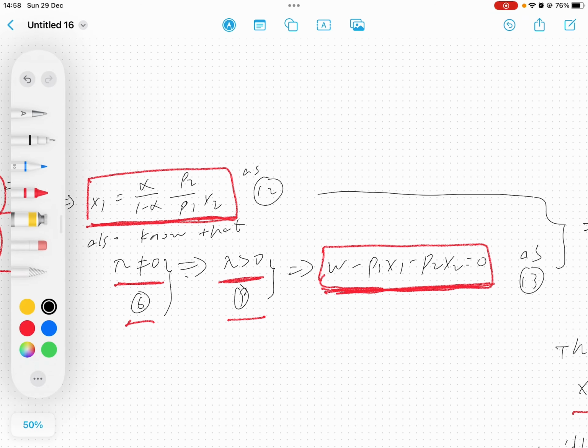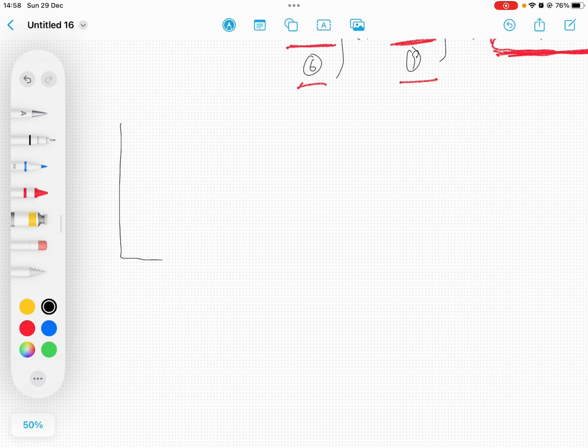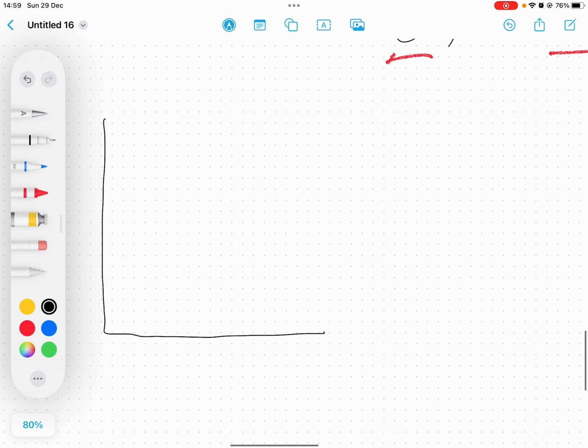Okay, so for example, let's draw some figures to illustrate the idea of this. So this would be x1, x2. What we have solved would be something like this.